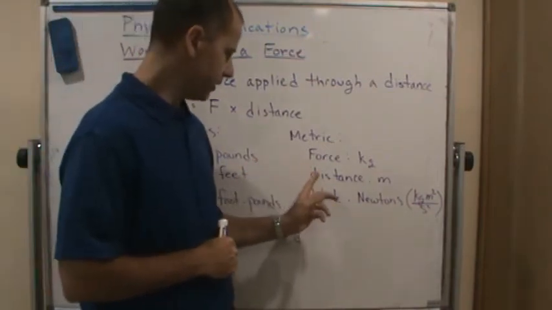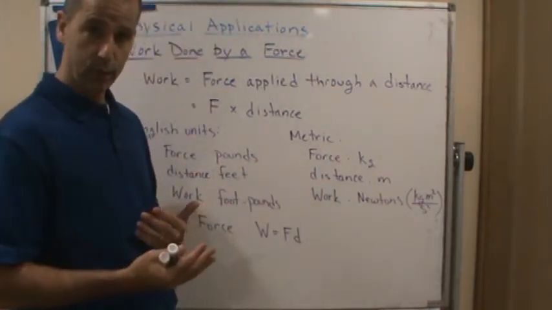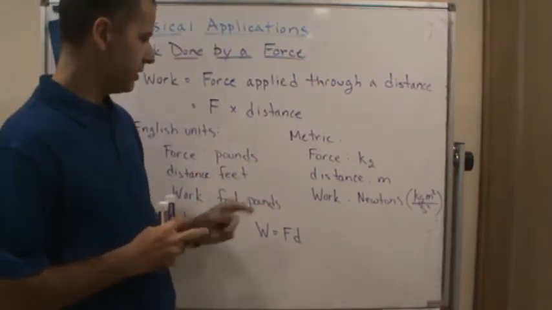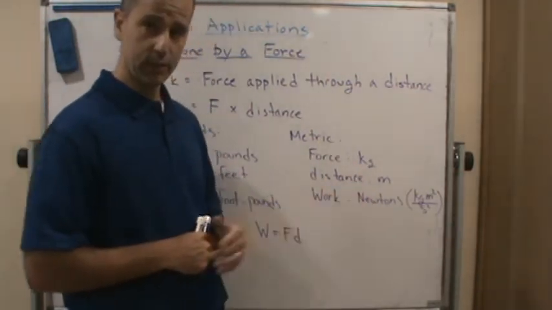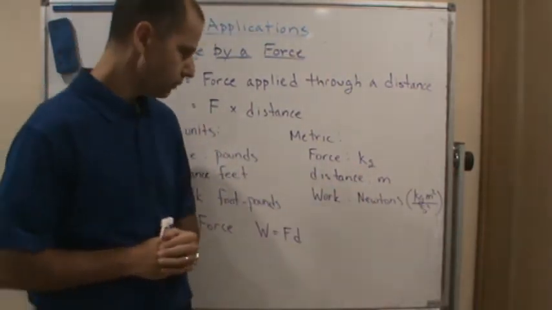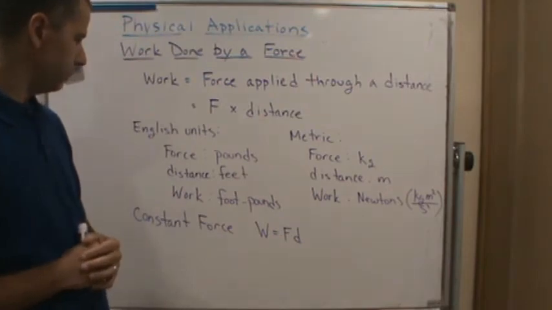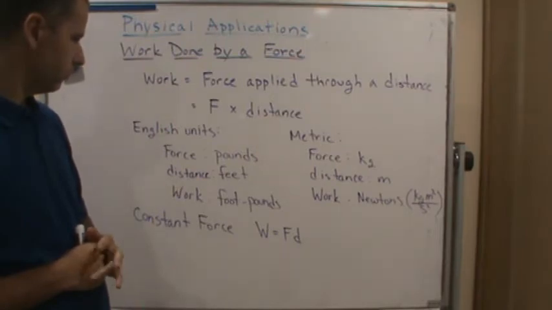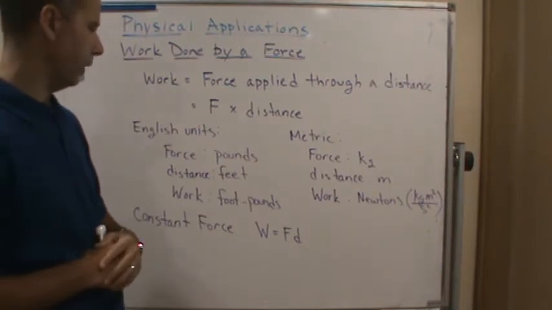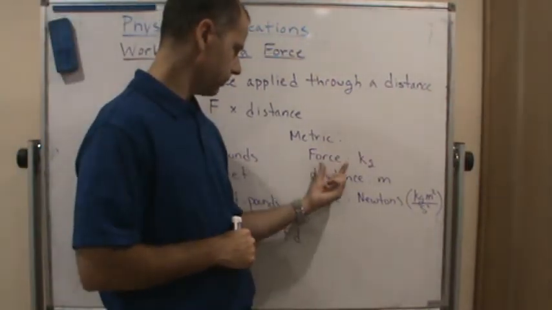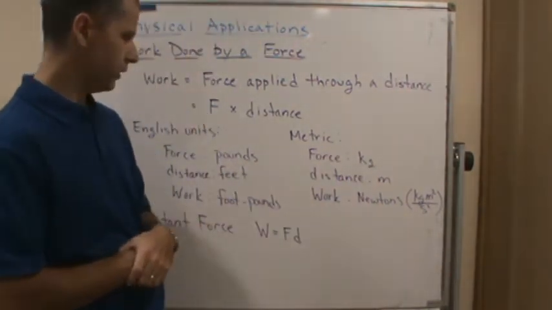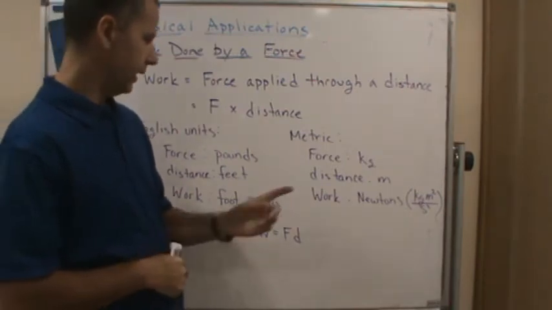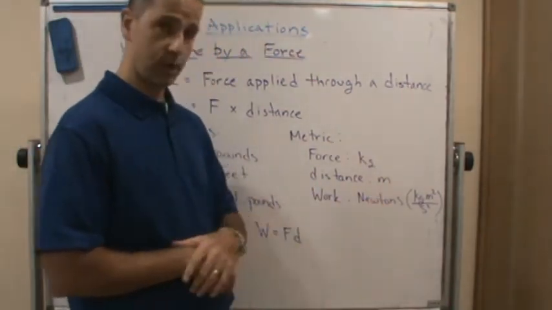Now, the metric system, which is the most common one that we're using in physics: the force is going to be in kilograms, a measure of mass. And then distance is measured in meters.